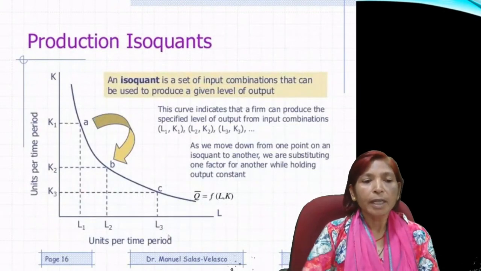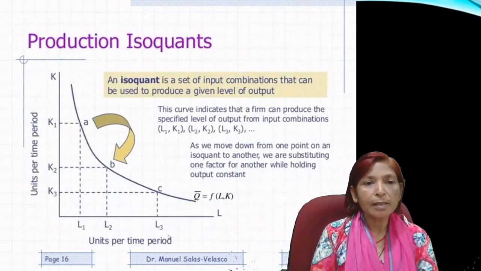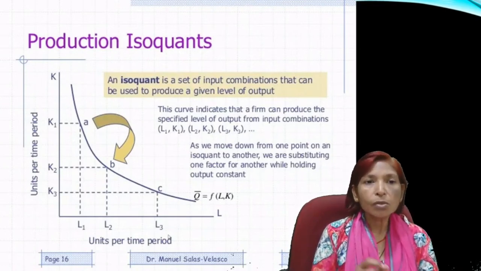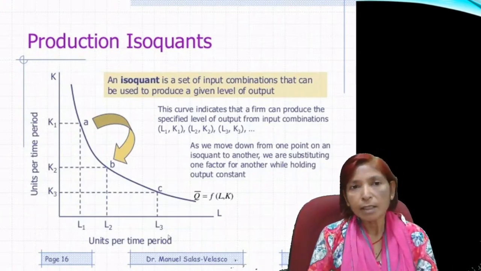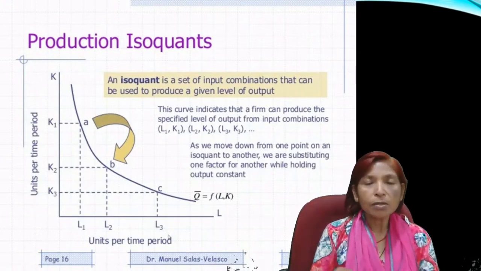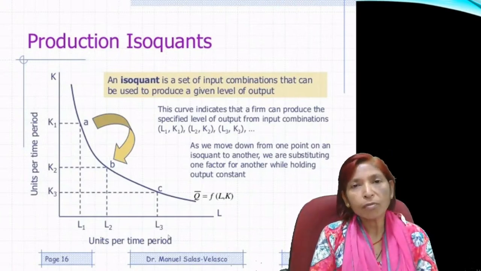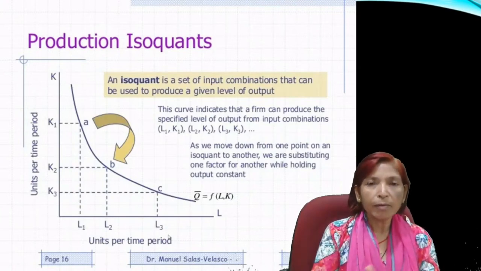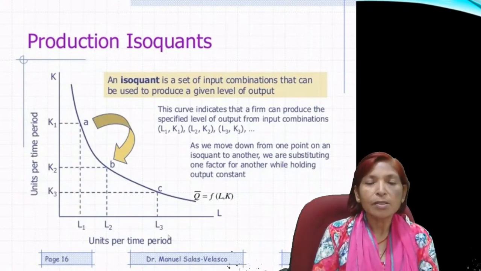Next is production isoquant. An isoquant curve is a set of combinations that can be used to produce a given level of output. What is the meaning of iso and quant? Iso means same or equal, and quant is the short form of quantity. If we are producing the same level of output by using fixed and variable factors, that is called isoquant.